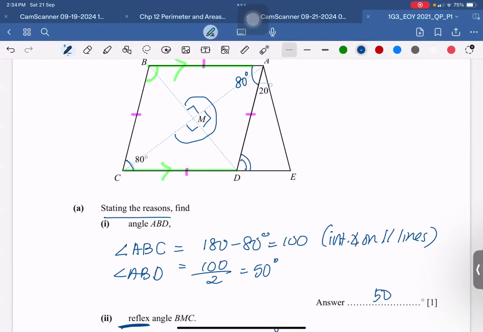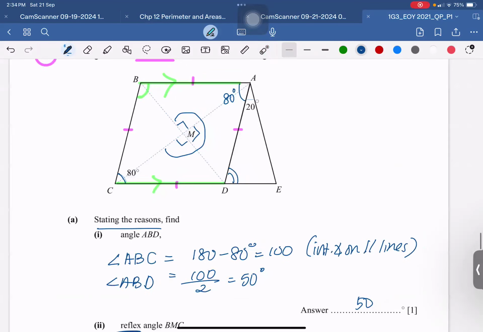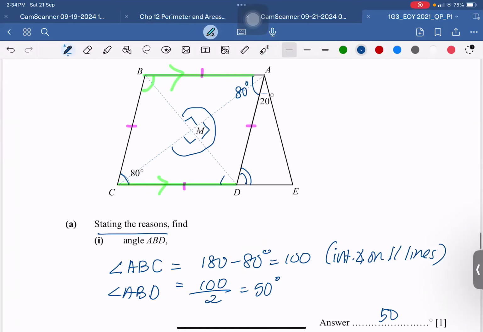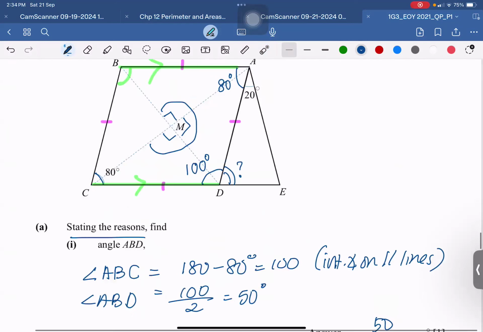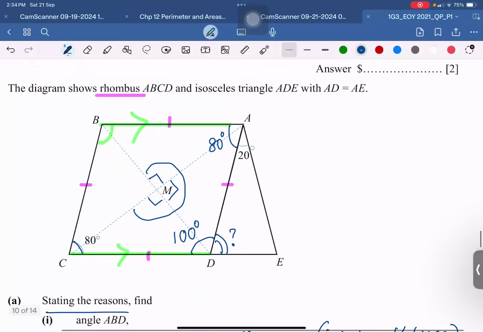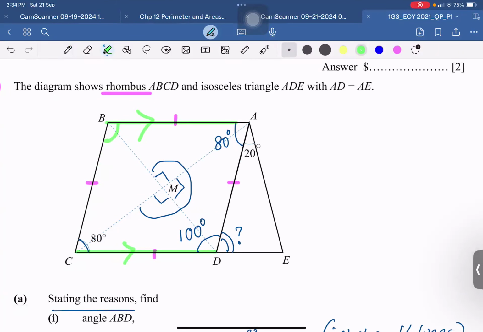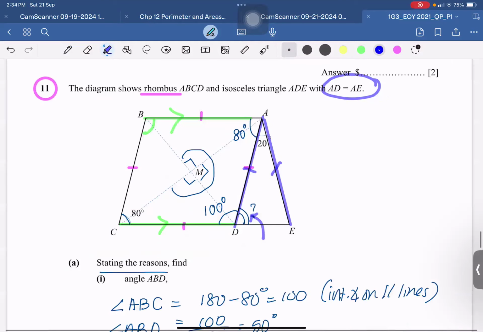Over here, let's read what other information that I have. I know obviously this one is already 100 degree. I want to find this angle because I cannot assume it's a straight line yet, right? So I need to find this angle. How to find this angle? They give me the property that this is an isosceles triangle. So this is AD, this is AE, and it's isosceles. So what I do, I find angle ADE.